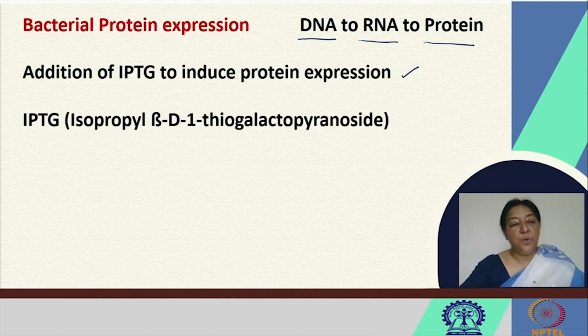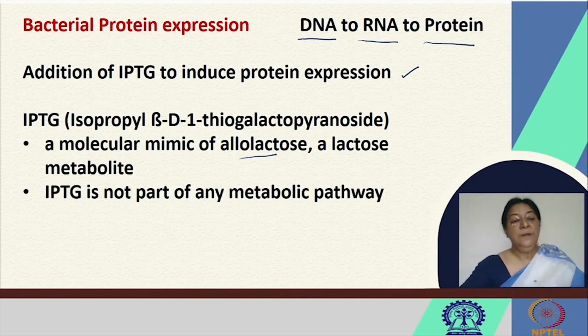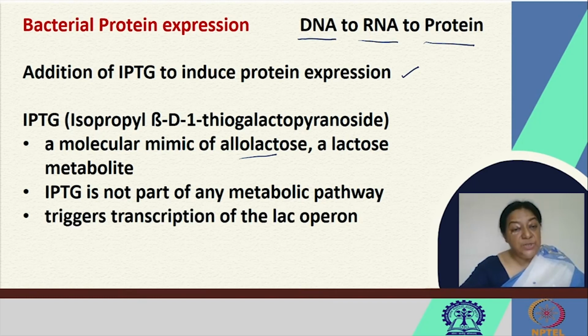IPTG is isopropyl beta-D-1-thiogalactopyranoside. This molecular biology agent is a molecular mimic of allolactose, a lactose metabolite. IPTG is not part of any metabolic pathway, but it is an inducer.